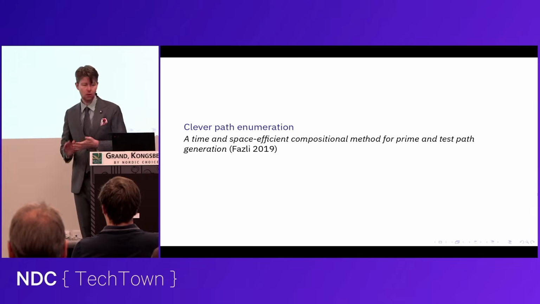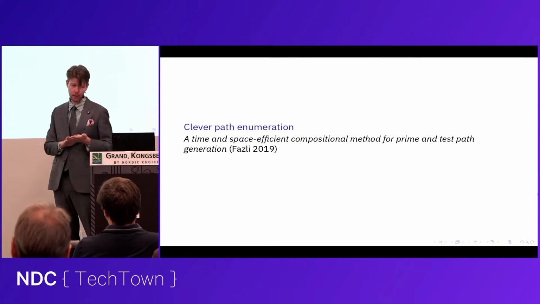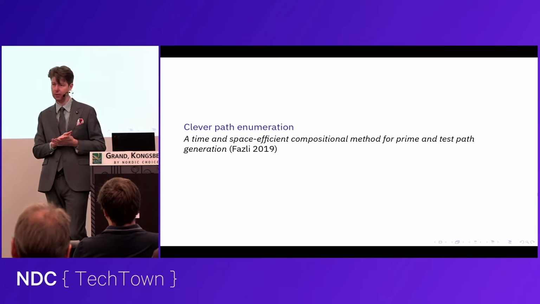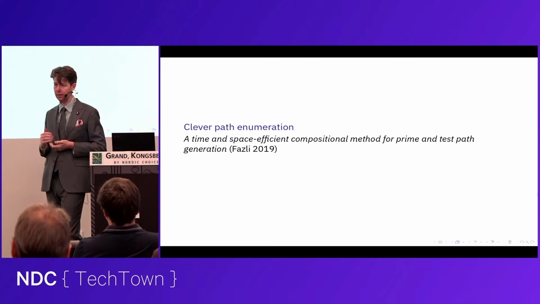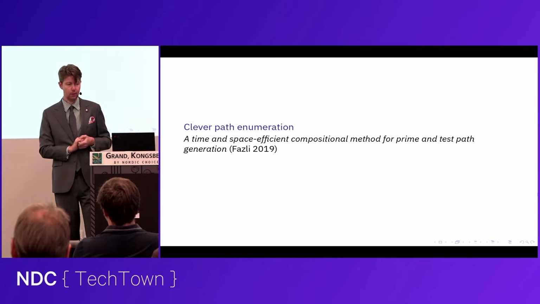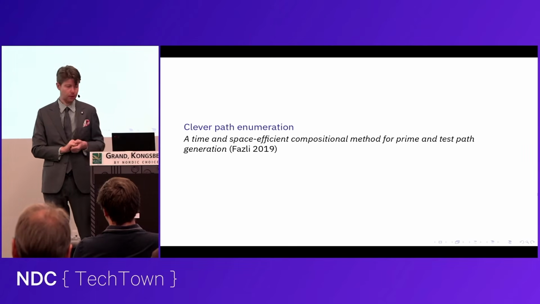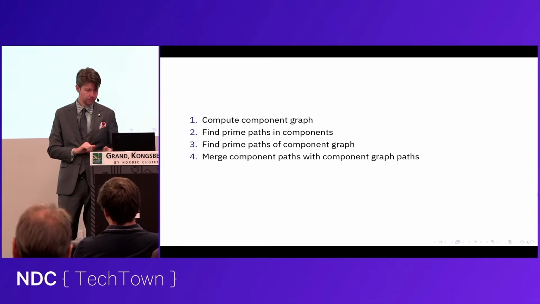Yes. So this is based on clever path enumeration. I used a paper called the Time and Space Efficient Compositional Method for Prime Path and Test Path Generation. I didn't do the generation thing because test generation is the work of the devil. But their algorithm for just enumerating the prime paths is pretty good in practice.